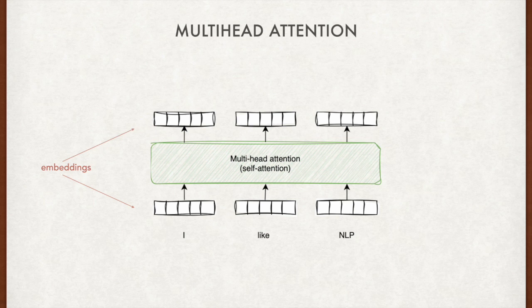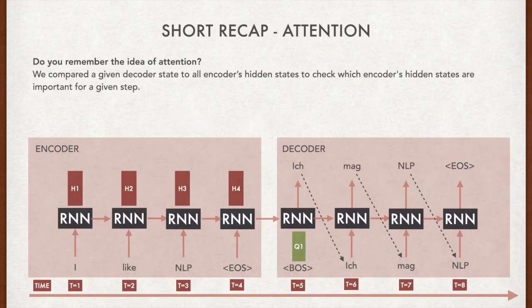Here we take an embedding as an input and produce a new embedding that is context-aware. The idea of self-attention is a small modification of the standard attention we discussed at the beginning of this lecture.